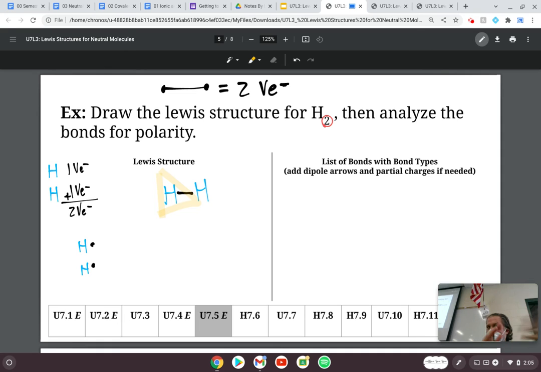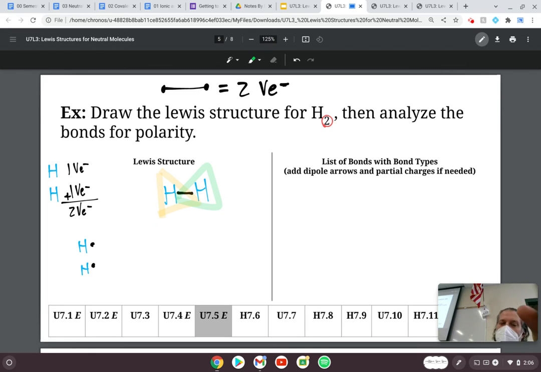So the hydrogen atom on the left has 2 electrons. It's satisfied and happy. The one on the right also has 2 electrons, satisfied and happy, because it's sharing the electrons in the bond. Does that make a little bit of sense?